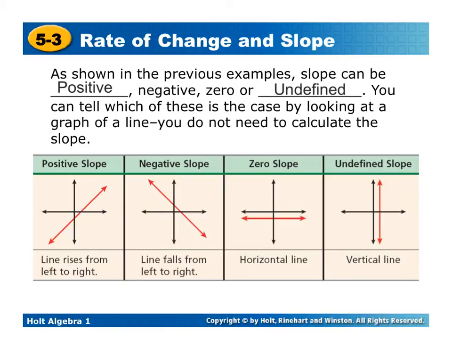Remember, we're always reading left to right. So here, my line is rising from left to right, so this would be a positive slope. Here, my line is falling or going down, so it's a negative slope. This one is our 0 slope, it's a horizontal, and then our undefined is that vertical line.